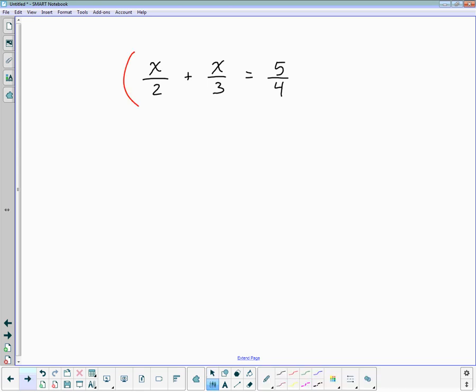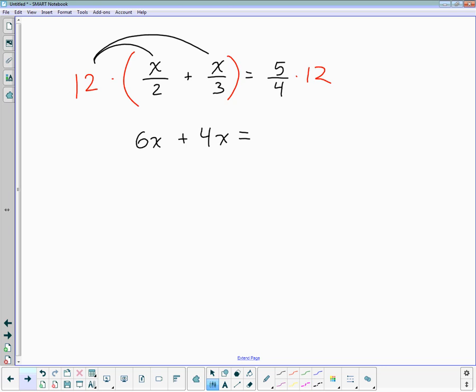All right. So let's multiply both sides by 12. And that's going to kill off all of my denominators and make my life a lot simpler. So 12 divided by 2. 12 divided by 3. 12 divided by 4. 3.